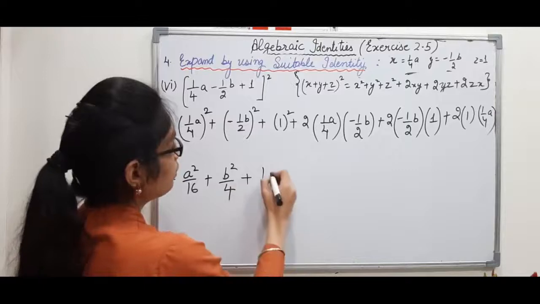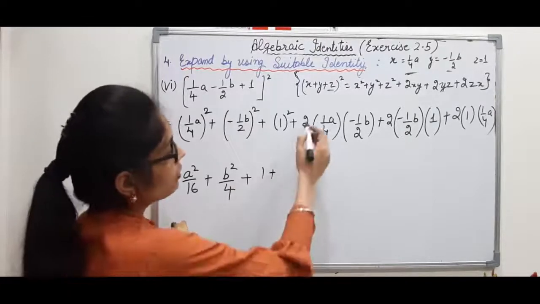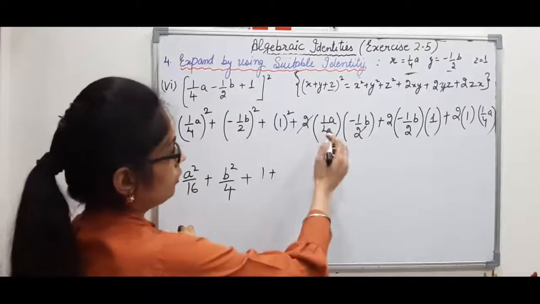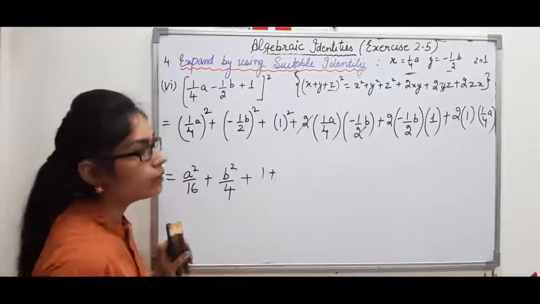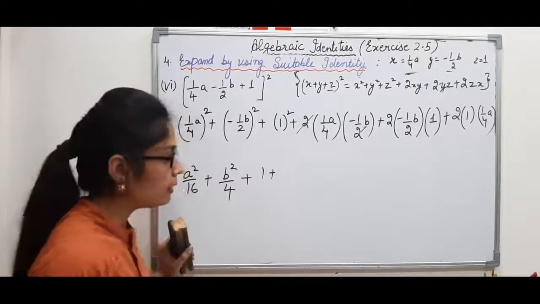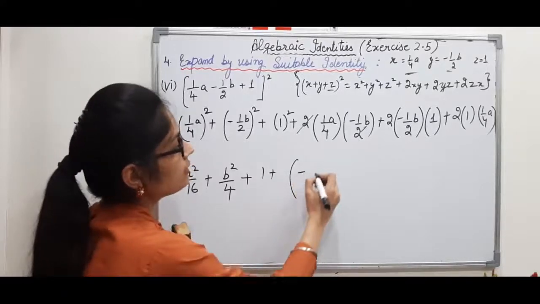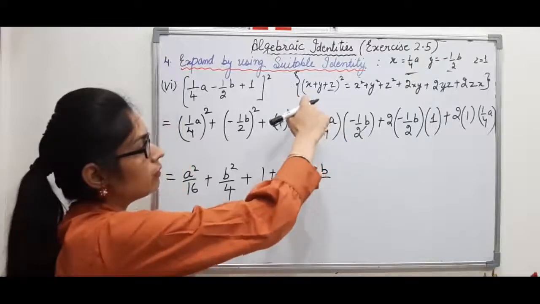1 square is 1 plus, now this expression you have to be careful. See, this 2 and this 2 will get cancelled. So now I am left with a into b, and this minus sign is also there. If one minus sign is there in multiplication, the minus sign will come with your answer. So minus ab upon 4, because this 2 we have cancelled with this 2.